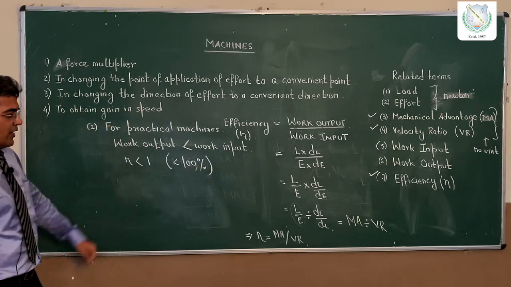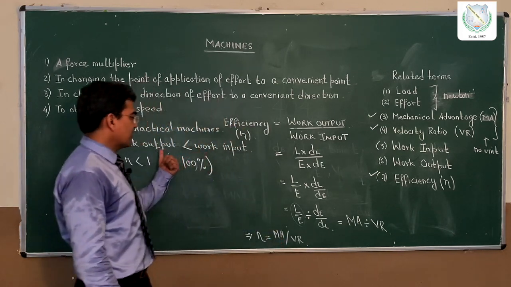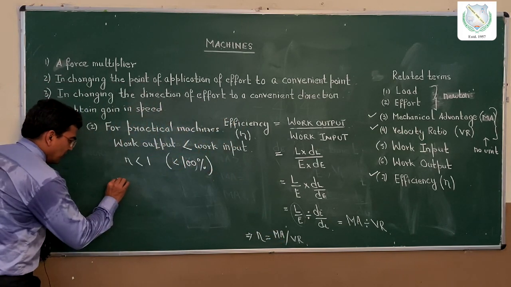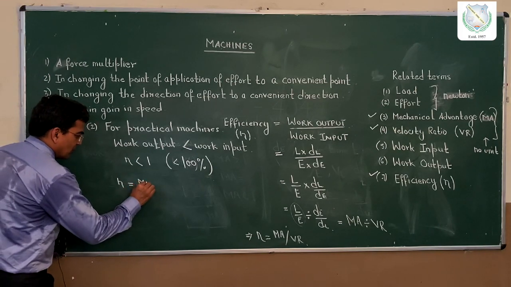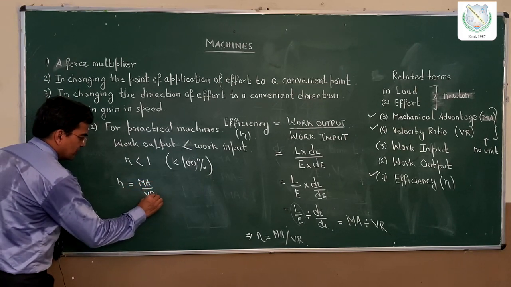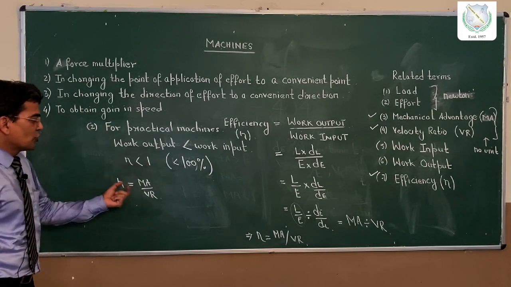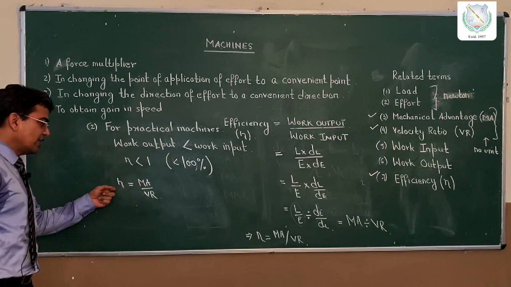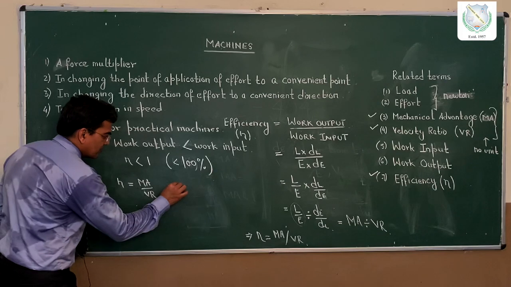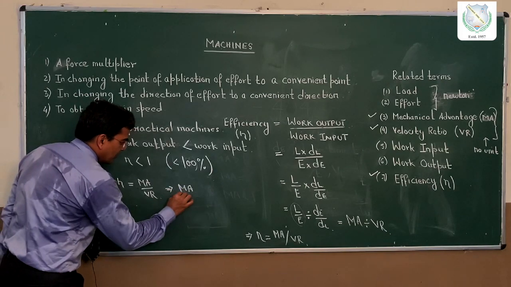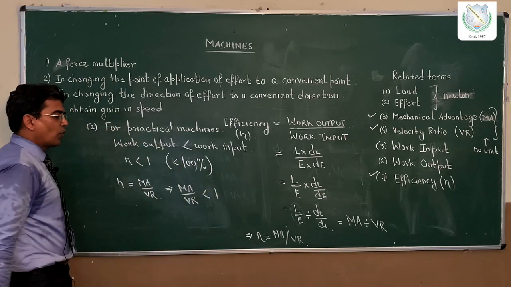Now let us derive the relation between MA and VR in this case. We have efficiency equal to MA upon VR. Now efficiency is less than 1, so any ratio which is equal to efficiency will be less than 1. So we can write MA upon VR is less than 1.